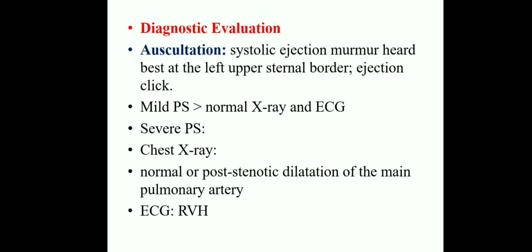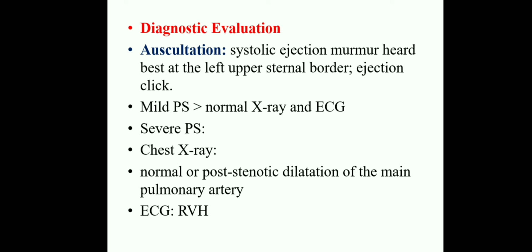Okay, coming to the diagnostic evaluations, whenever we are auscultating, the systolic ejection murmur is heard best at the left upper sternal border, and the ejection click is there. Why is this there? Because the right ventricle is on the left side of the sternal border, so we will easily identify the murmurs at the left upper sternal border.